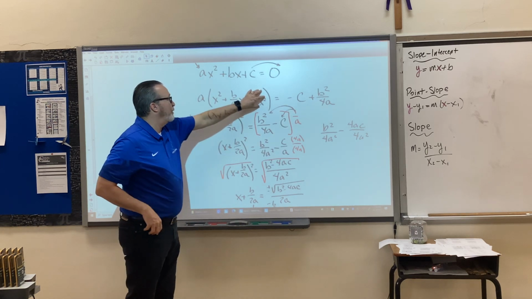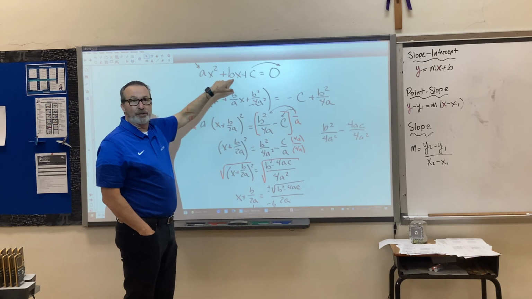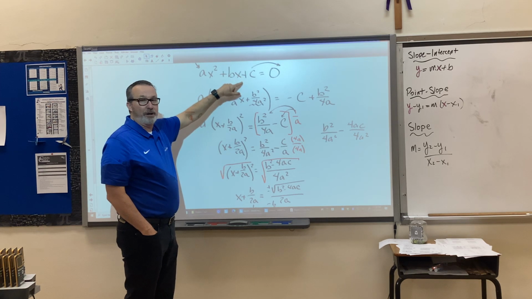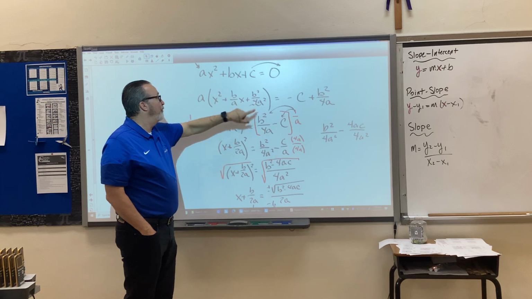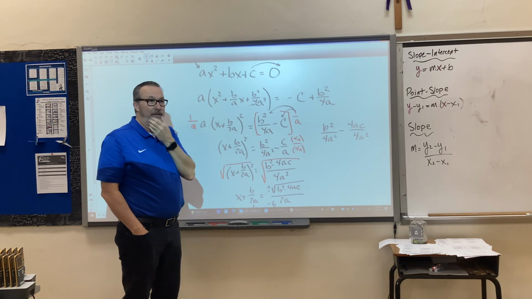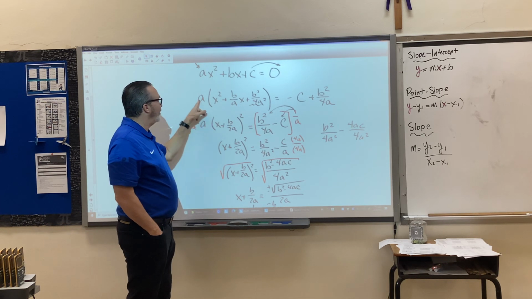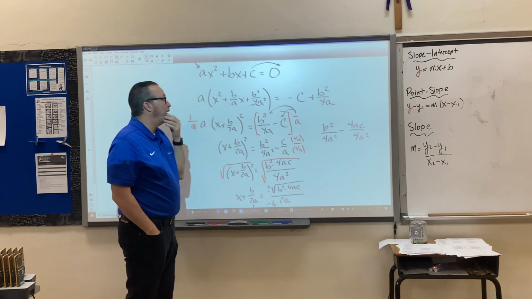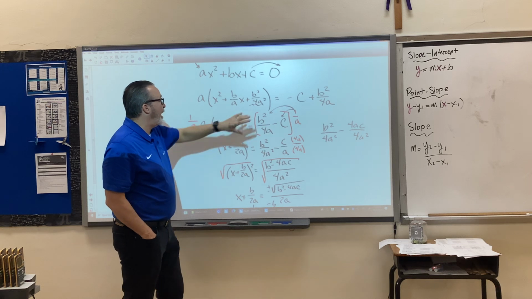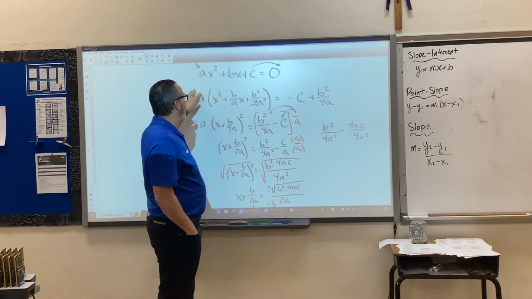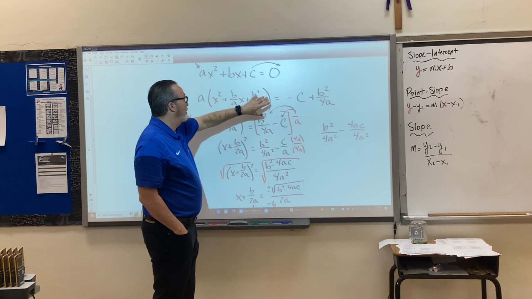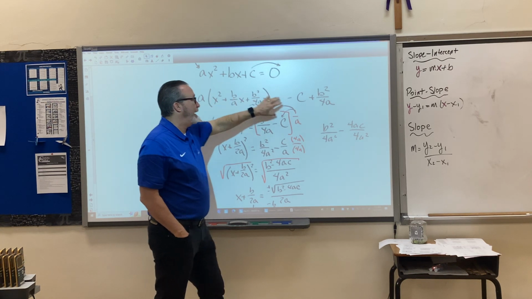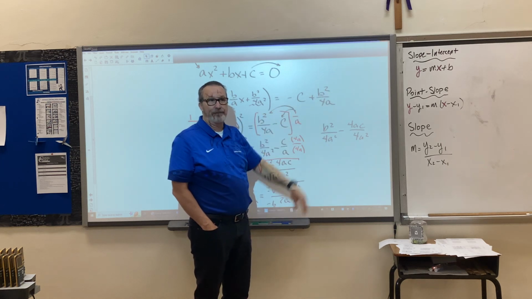And then to complete the square, you need half of this, which is bx over 2 squared, which is b squared x squared over 4. But this is also multiplied by a. So there's like a 4a squared in there. So if you add b squared over 4a squared times a, you have to add the same thing on the other side of the equal sign.